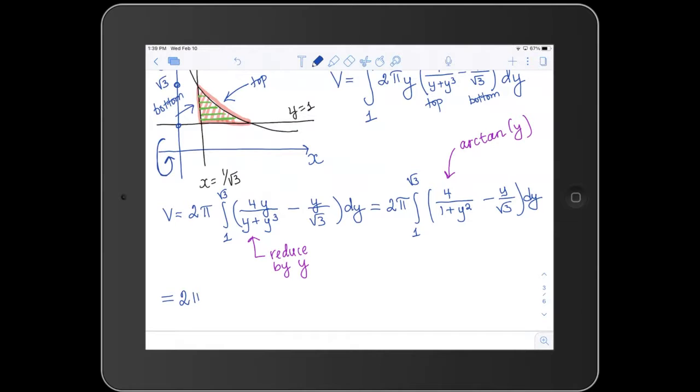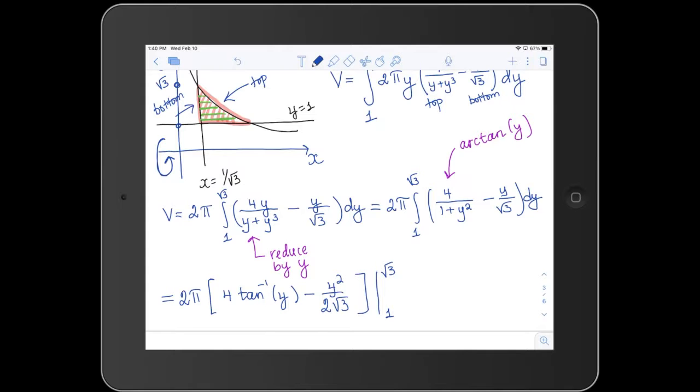This is going to be 2 pi. The function that we get is 4 tangent inverse, or arctangent, whichever notation you prefer is fine, minus y squared over 2 root 3. We go from 1 to root 3.